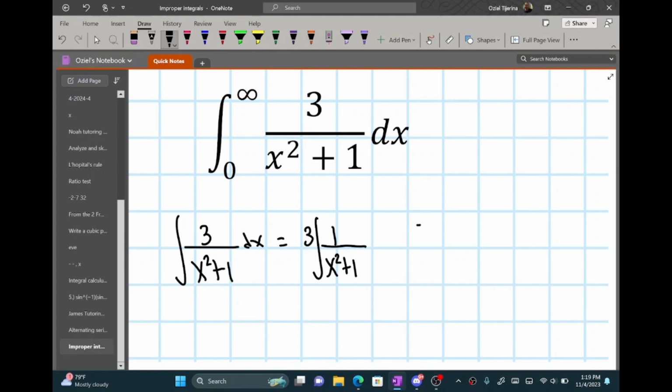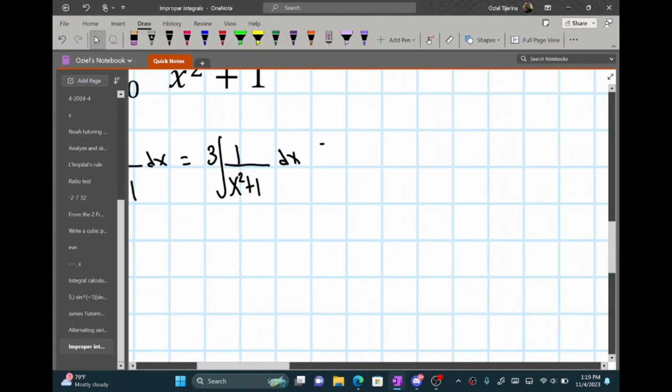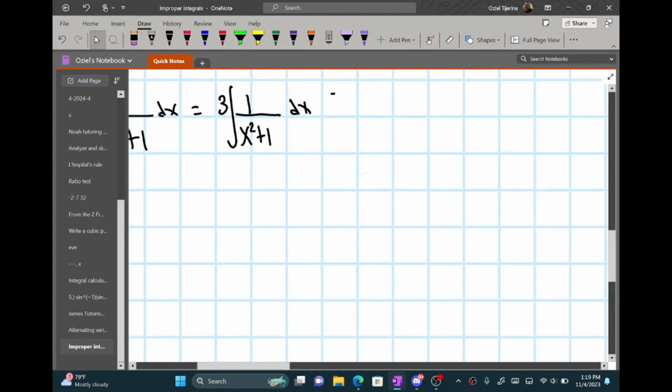So remember that constant property. We take the constant out and move it outside of the integral symbol. I don't know if it's integrand or integral symbol, but we basically move it outside. And so we're gonna simplify this integral.